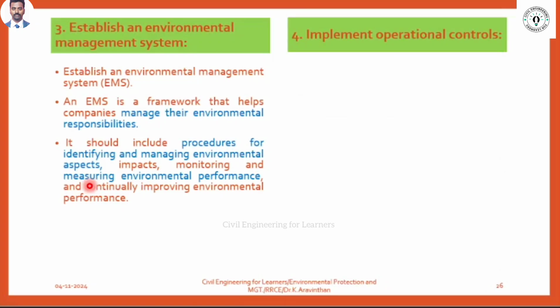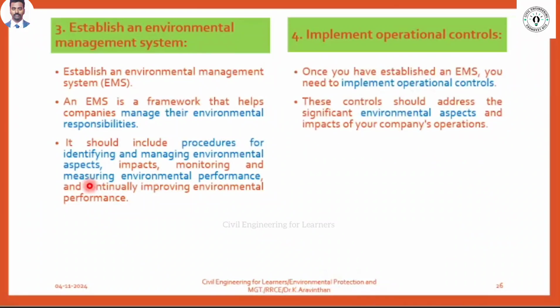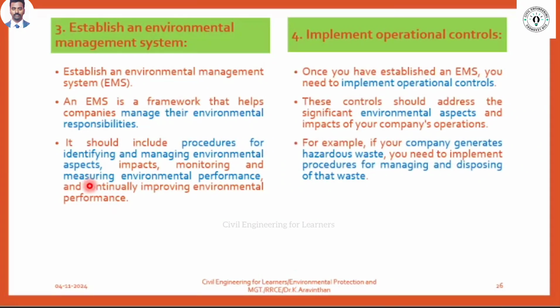Fourth one is implementing operation control. Operations are those who are technologists. Those who produce come under this operation control. Implementation of operation control comes under the environmental aspect. What are the aspects? The company generates hazardous waste. This is an example. How much of the operational waste has hazards to the environment will be identified.